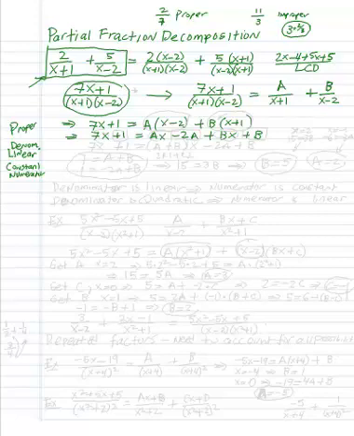It tells me that if here I have an ax and here I have a bx and there's a 7, well, that tells me that whatever a and b are, they're going to have to add together to give 7. So then I have an equation. 7 is equal to a plus b.